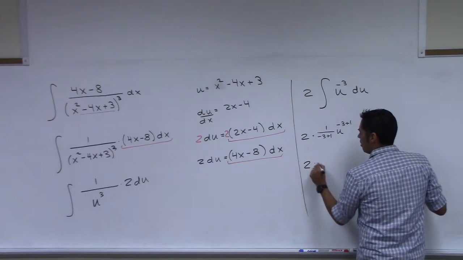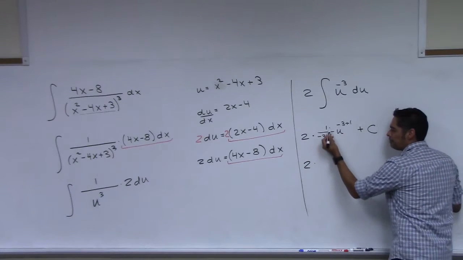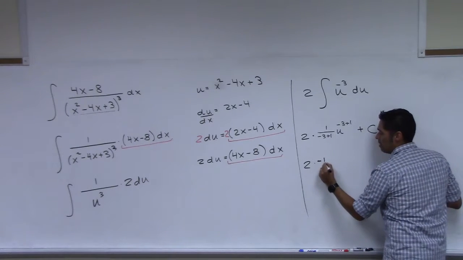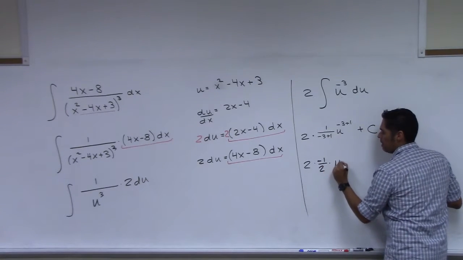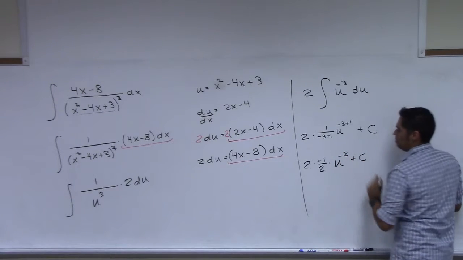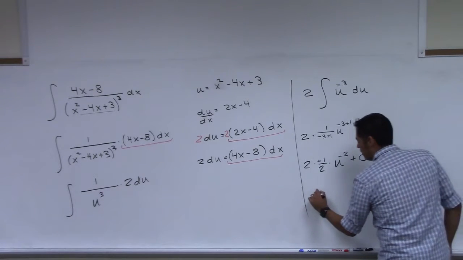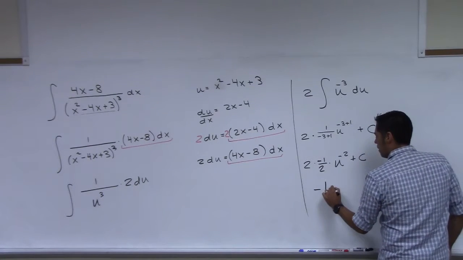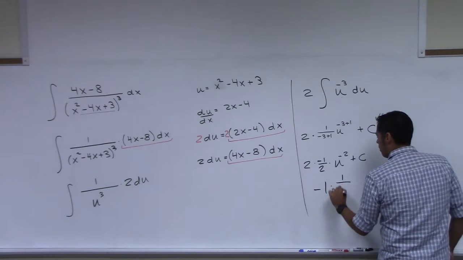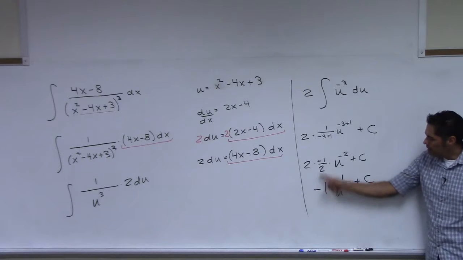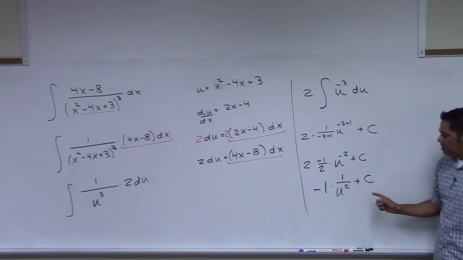So this is 2 times, what's this here? This is 1 over negative 2, so negative 1/2, u to the negative 2 plus c. And what happens out front there? The 2's cancel, so I just get negative 1 times, how about I write that as 1 over u squared plus c. So that's negative 1, this is 1 over u squared plus c, and I'm almost done.